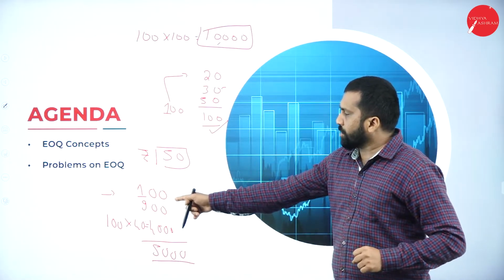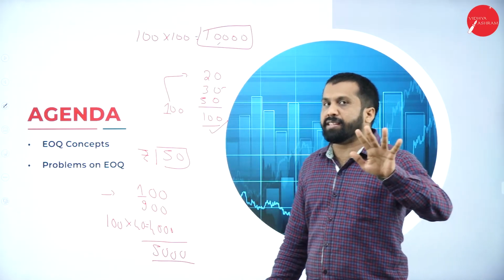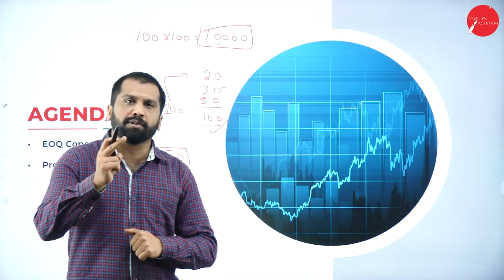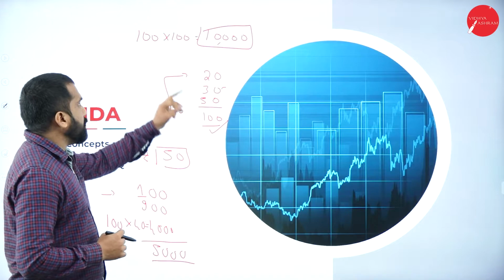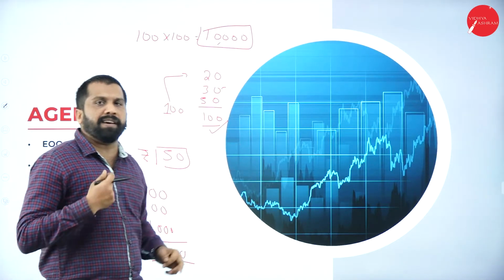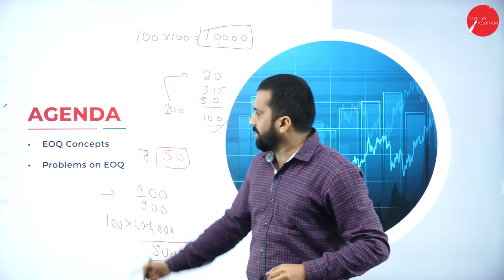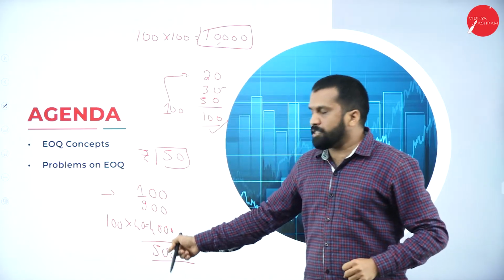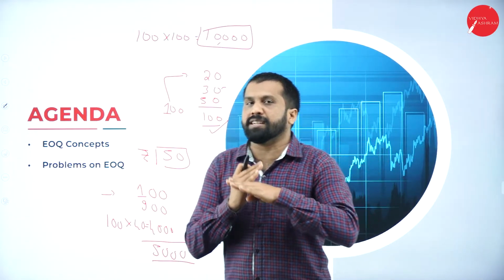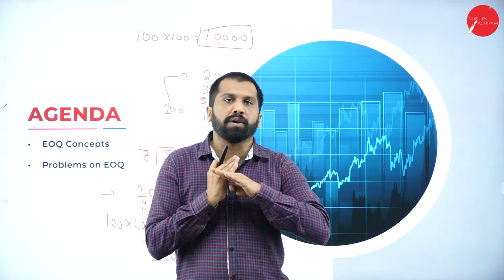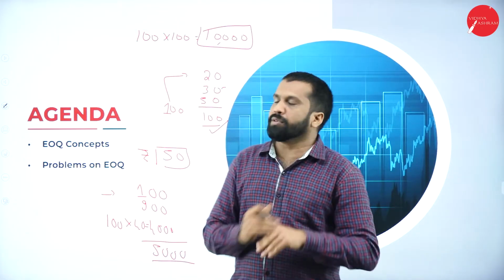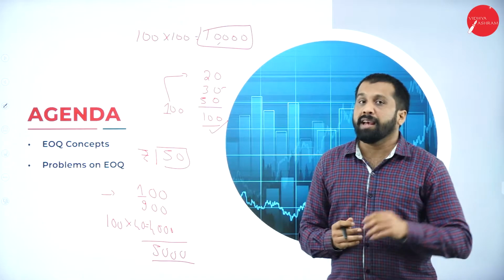Still, my cost is 5,000 for 100 books. If you go individually, you are supposed to spend altogether 10,000. If I go alone and apply this EOQ system, I am spending 5,000, which means almost 50% I saved. How much I saved? 50%.